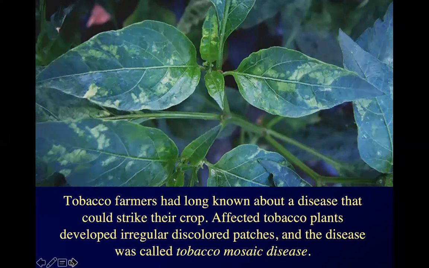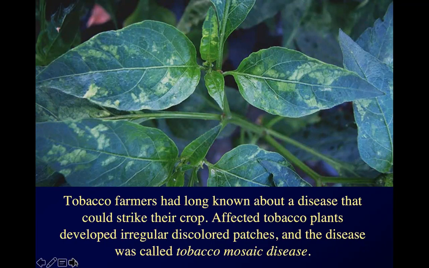Tobacco plants that have this develop these irregular patches, and so the disease is called tobacco mosaic disease, right? A mosaic is a picture that's made out of tiles of different colors. So I guess someone thought that the leaves of a sick tobacco plant look like a mosaic because they're made of patches of different colors.